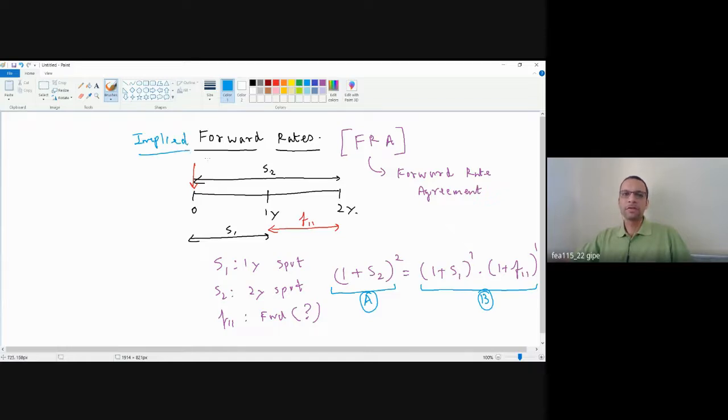Because this is something you have to imply from the going rates. Imagine your bootstrapping engine is ready and you have S2 and S1 with you. But F11 is not readily available; you have to imply it from S2 and S1. So many authors prefer to call this an implied forward rate rather than just a forward rate, but any terminology you use, it means the same thing.